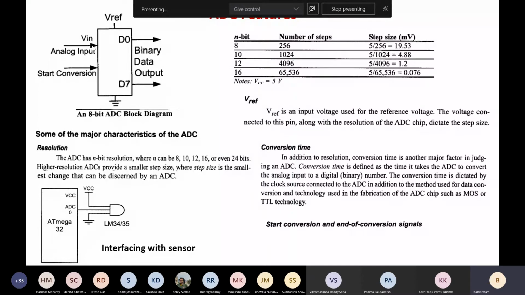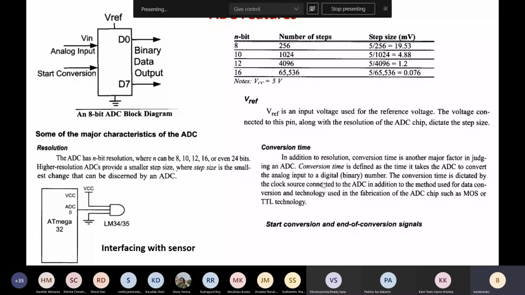Then you can have one pin for the analog input. Since it is an 8-bit ADC, you will have 8 digital pins, which give you the digital conversion of this analog signal. And then you can have pins for start conversion as well as end of conversion.